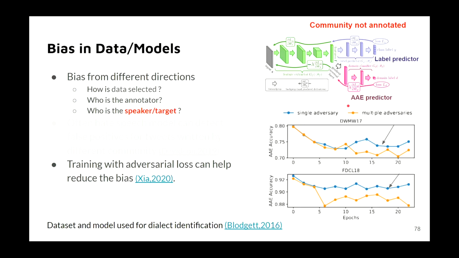The target of these features should be that while the label predictor is more or less correct when tested, the domain classifier should be confused. If the domain classifier is confused, it means that the features are more generalized, and thereby we can mitigate this bias. As you can see, this method is slightly successful in reducing the accuracy of this AE predictor here.